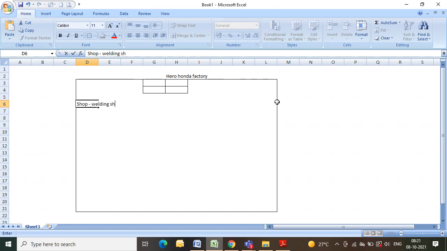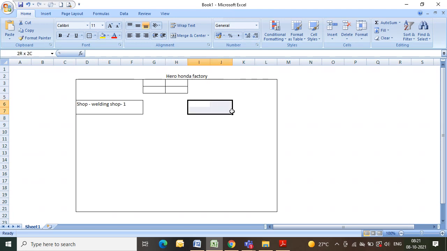This is shop number one. Whenever a factory starts, the first work happens when there is welding of the steel sheets. So this is where the first action happens, and then it goes to the second shop, which is shop two.